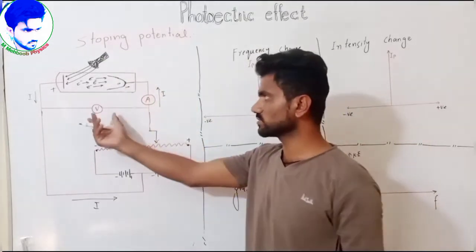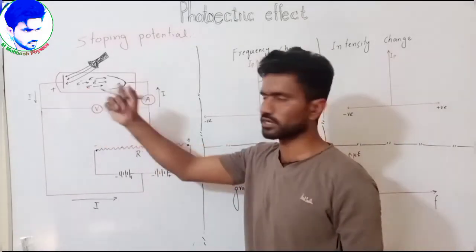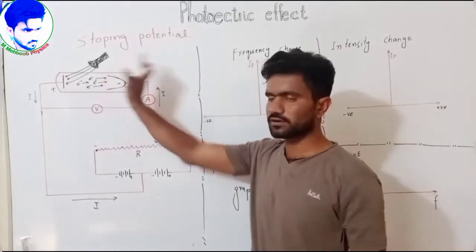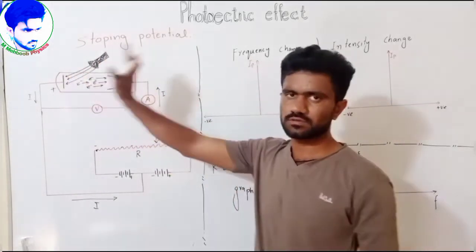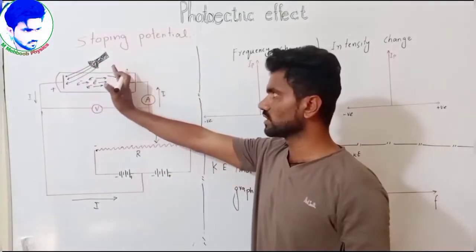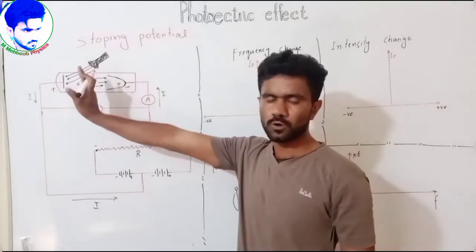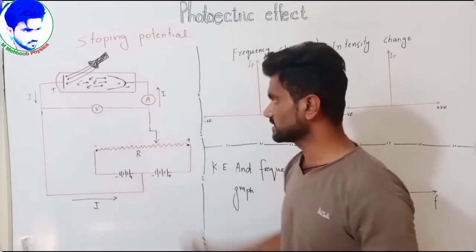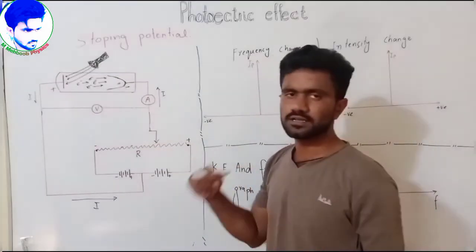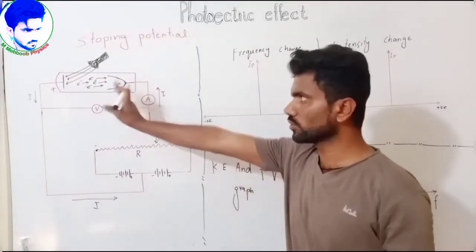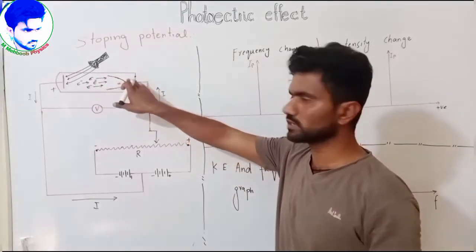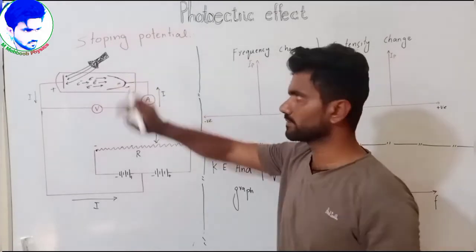And we also have the voltmeter here for finding out the potential difference. So most of the electrons bounce back. The photoelectrons which have the lower value of kinetic energy are bounced back at this potential, and the photoelectrons that have the greater kinetic energies still approach that plate.